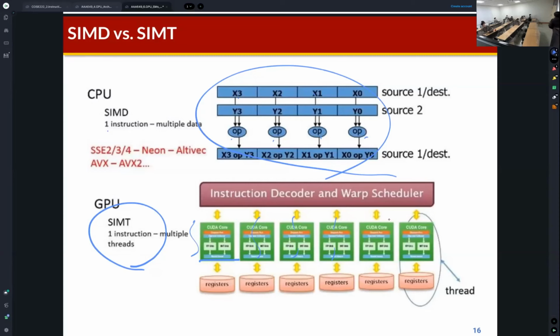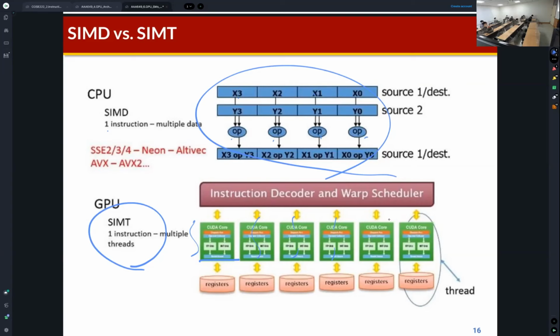So in the SIMD model, you can find the multiple execution engines. In the SIMT model, we can find the multiple CUDA cores. And then actually, in the GPU, using these multiple CUDA cores, the multiple threads are provided to the multiple CUDA cores. But these threads share the same PC, and it's the same instruction.